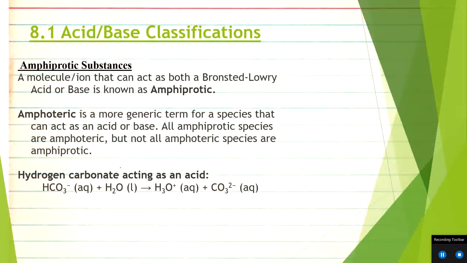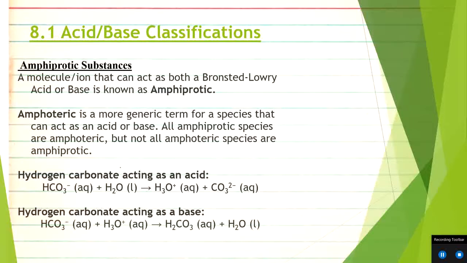An example besides water, which we just looked at, another example is hydrogen carbonates, or HCO3-. In the first reaction, it acts as an acid, giving its proton away to water, so it donates its proton, acting as a Bronsted-Lowry acid. In the second one, it is accepting a proton from the hydronium ion, so it's acting as a base because it's accepting that extra proton.